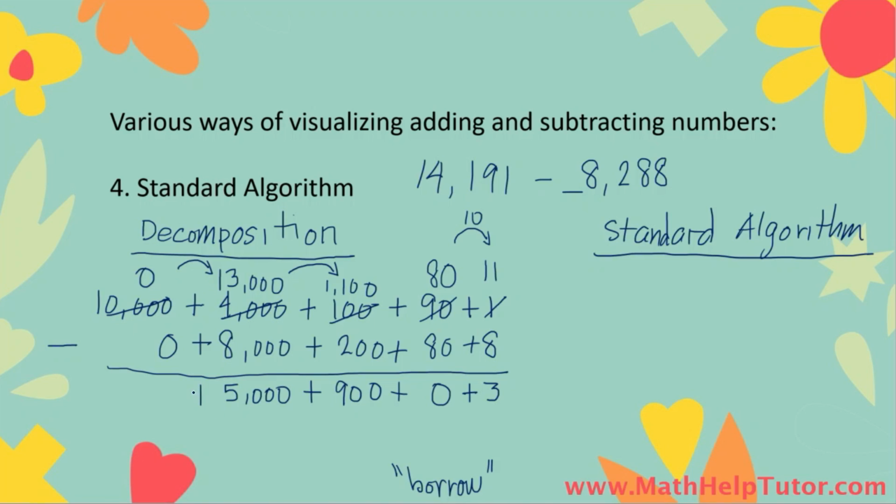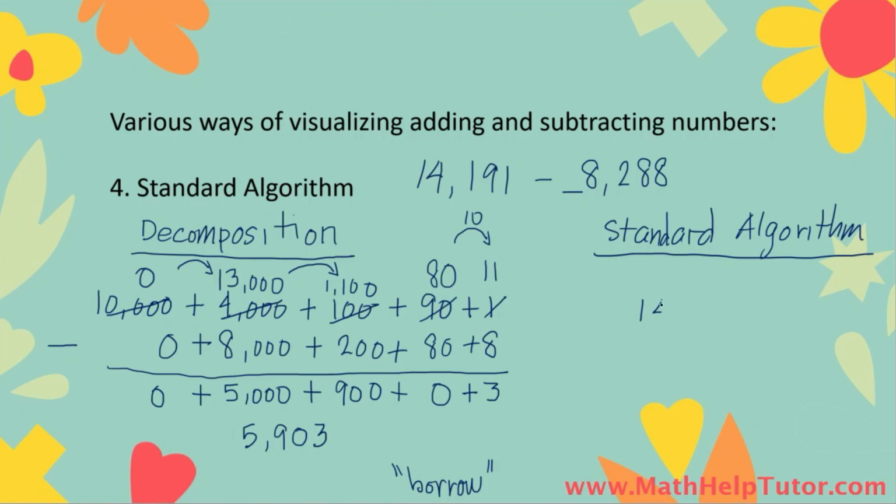Then let's put a plus sign here and move on to the 10,000s place. What's left is 0 minus 0, which is 0. Adding all these numbers up, we get our answer, which is 5,903.